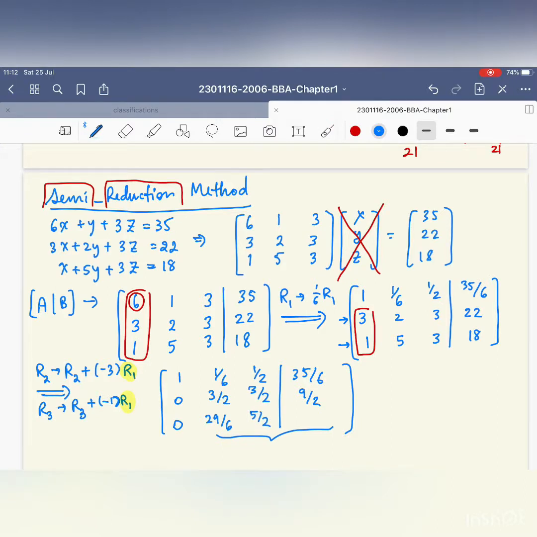And then 18 minus this one. So you need to have 18 multiplied by 6, which is 108, over 6, minus 35/6. 108 minus 35 becomes 73, so it is 73/6.